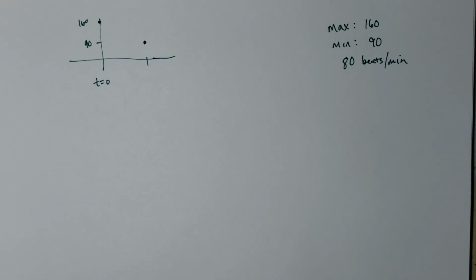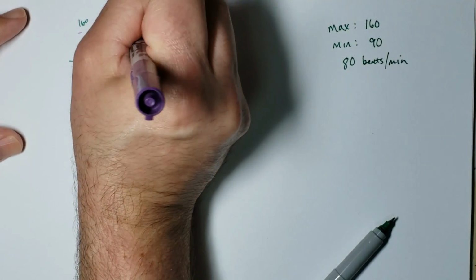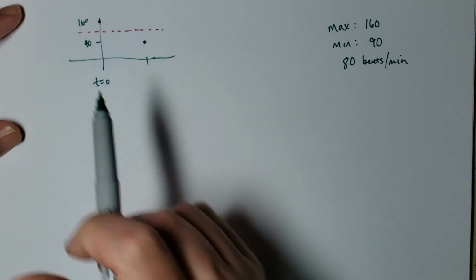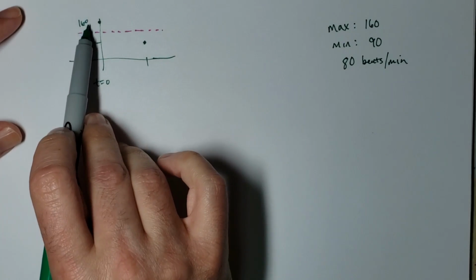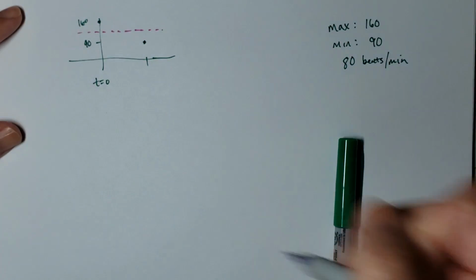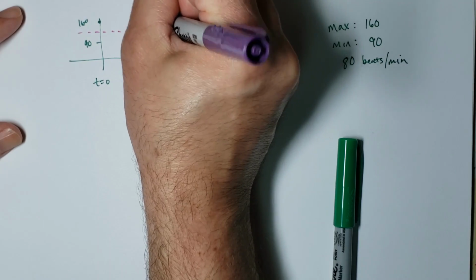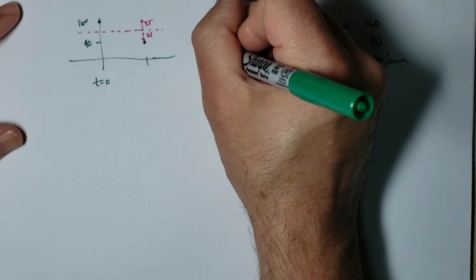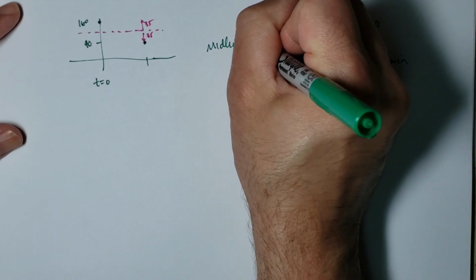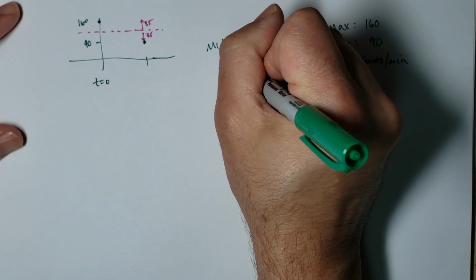From just that information, we should be able to figure out where our midline is, because it's going to be halfway between 160 and 90. The whole distance is 70, so I need to go down 35 and up 35. That puts us right at 125. So our midline is y equals 125, and our amplitude is 35.